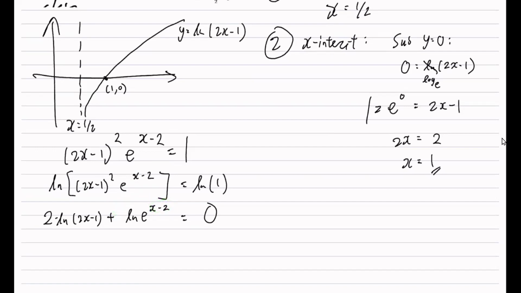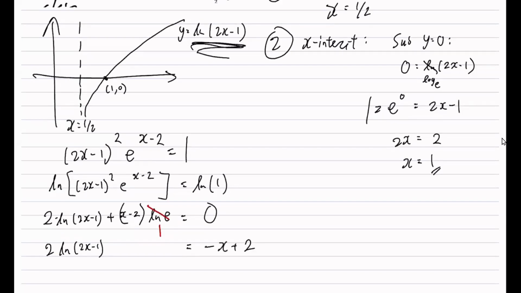Then what are you left with? x minus 2 multiplied by the ln of e, which is just 1, so it's just x minus 2. What do we want as a subject? Ln(2x minus 1). So we can leave the 2 ln(2x minus 1) alone first, bring everything over. Plus x minus 2 bring over, become minus x plus 2. Then after that, you divide by 2.